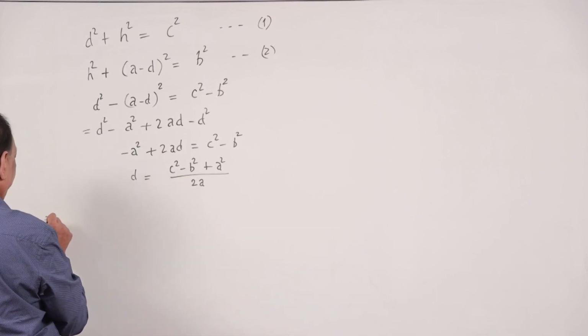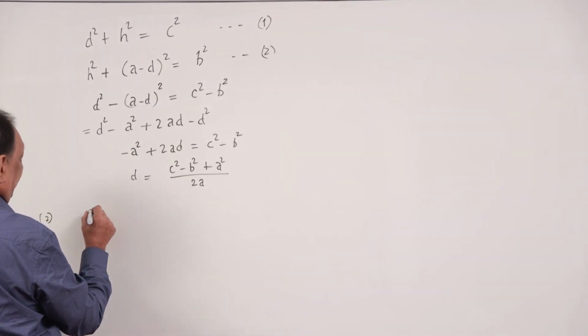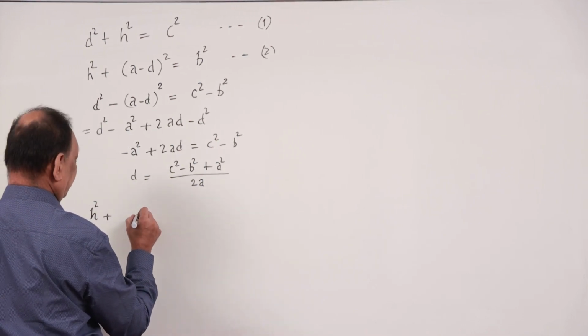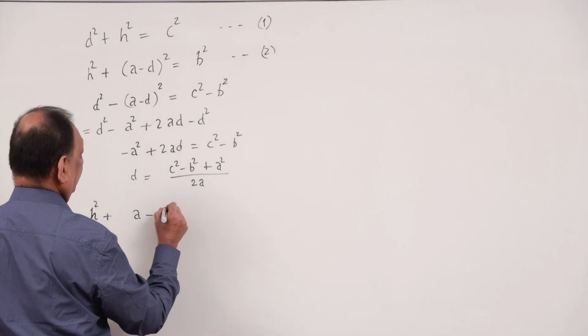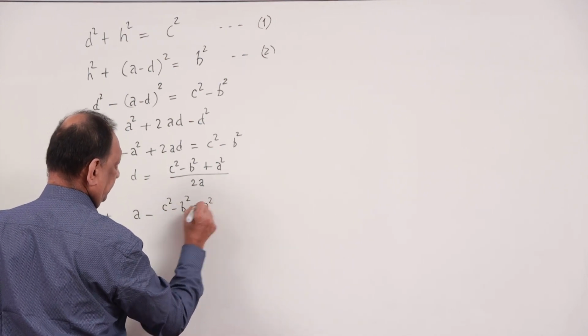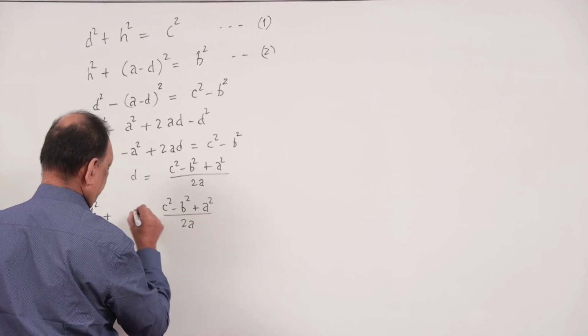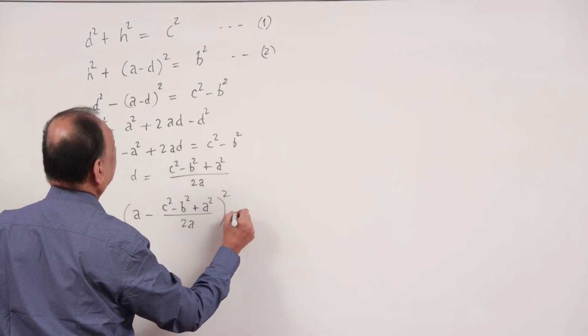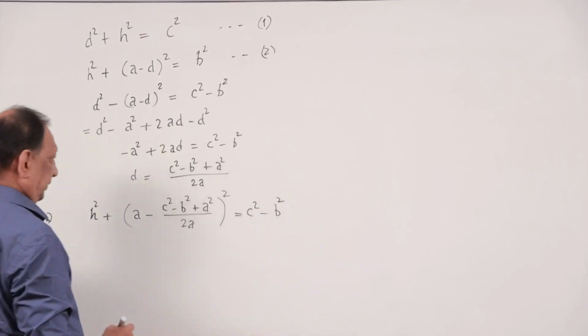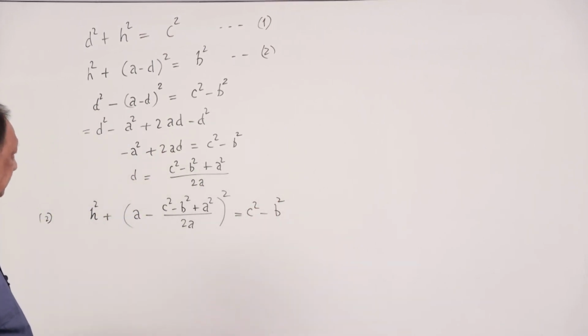So what is the second equation now? H squared plus (A minus D) whole squared is equal to B squared. Is that correct?